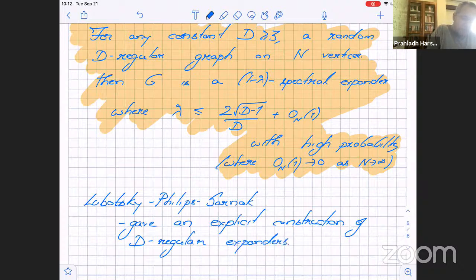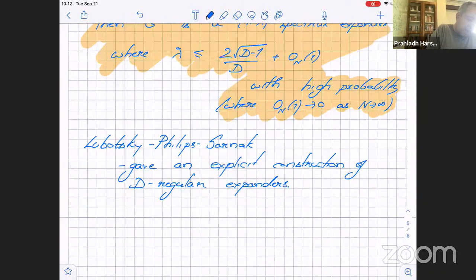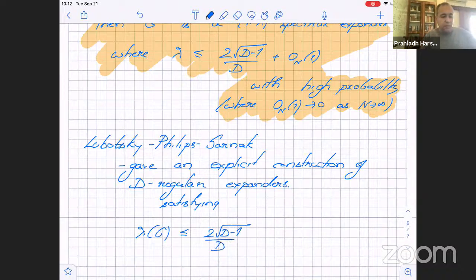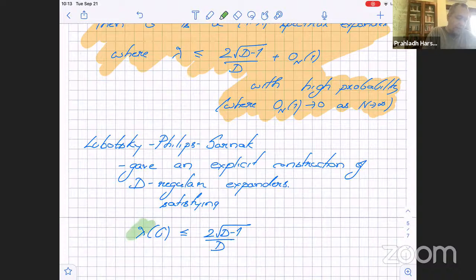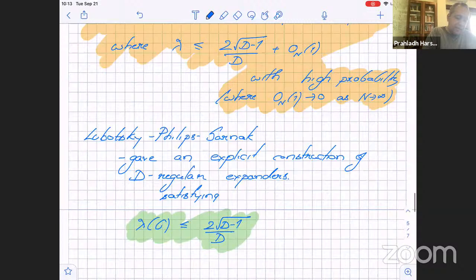We'll get into that in the next lecture. Furthermore, these have the property of satisfying lambda G less than or equal to 2 square root d minus 1 by d. There's no additional o(1) term. They managed to get this. They actually constructed this, and graphs which satisfy this property are called Ramanujan graphs.